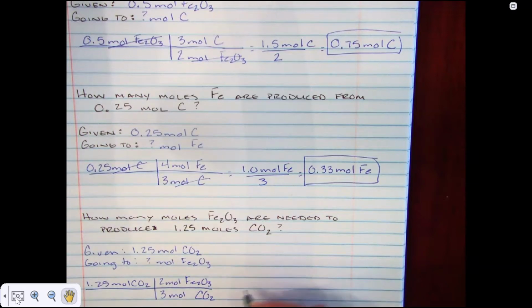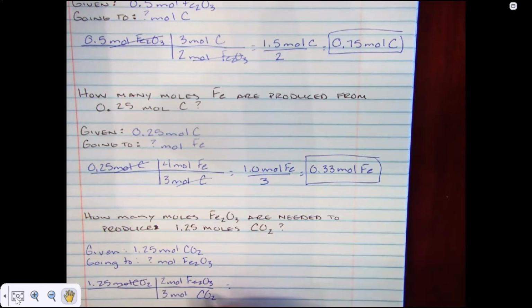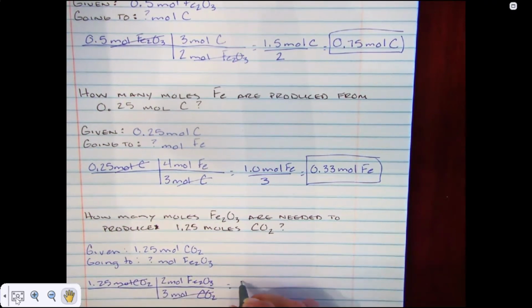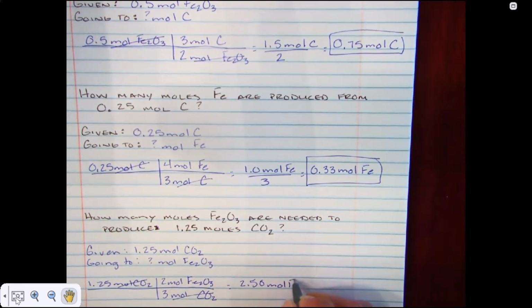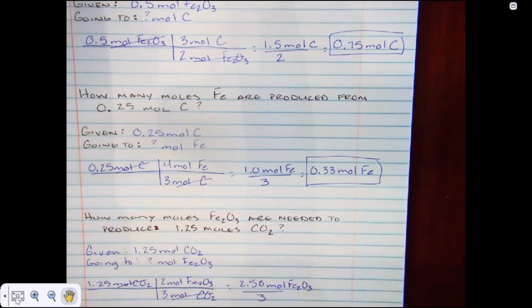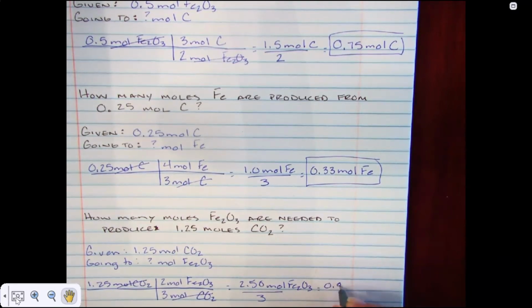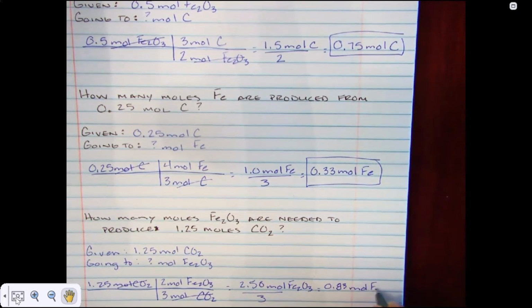So 2 times 1.25, oops, sorry, forgot to cancel, is going to be 2.50 mole Fe2O3 divided by 3. 2.50 divided by 3 equals 0.83 moles Fe2O3.